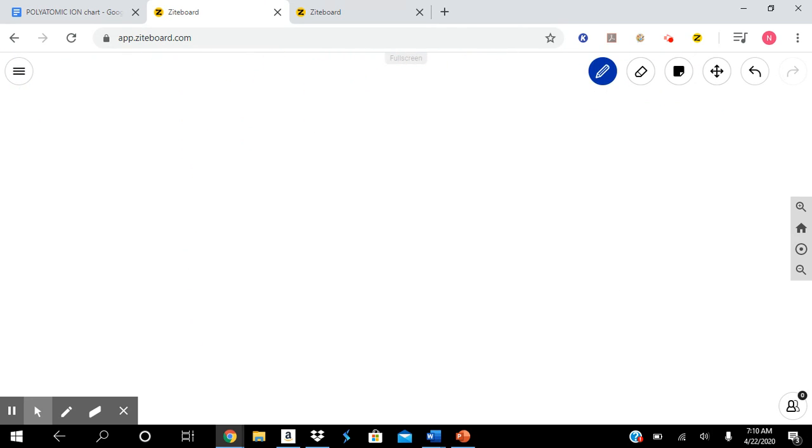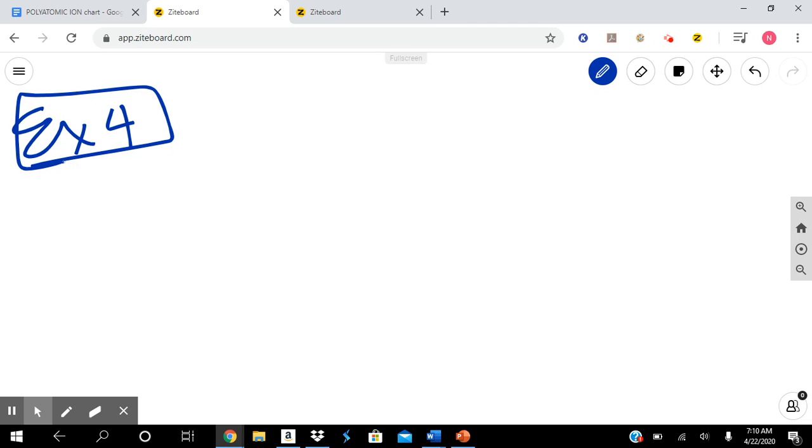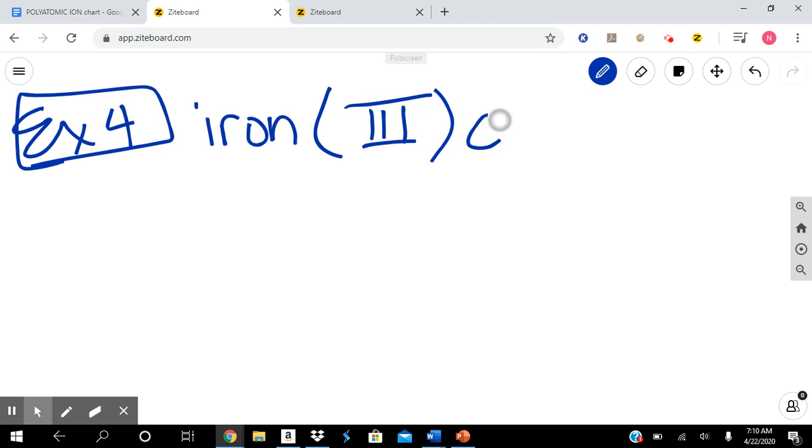Let's do example 4. Let's do iron 3 cyanide. Now here's a special case. If you want to try this on your own, go ahead. If you want to follow along with me, that's absolutely fine.